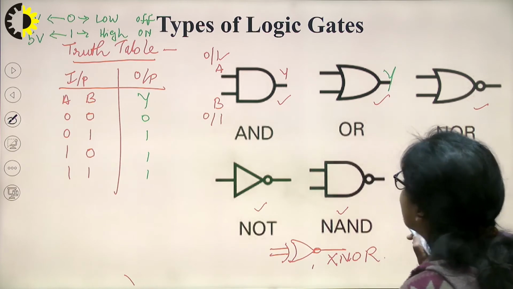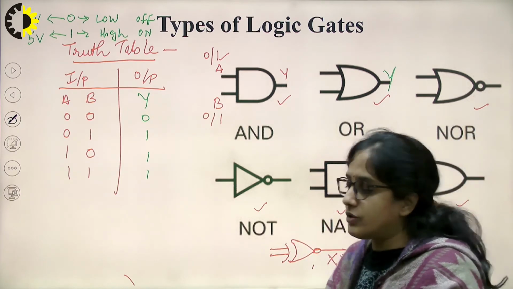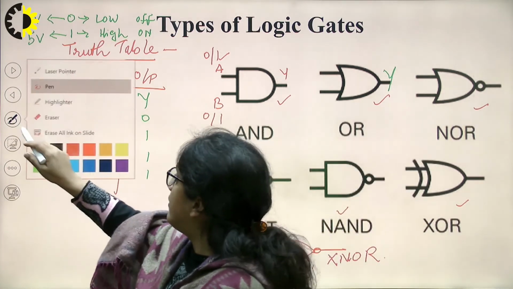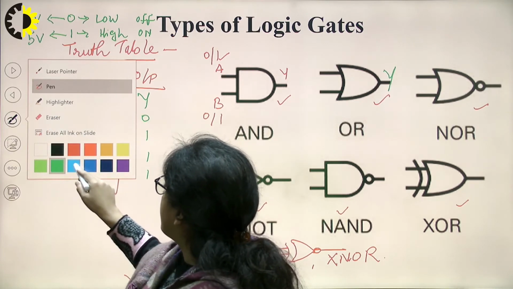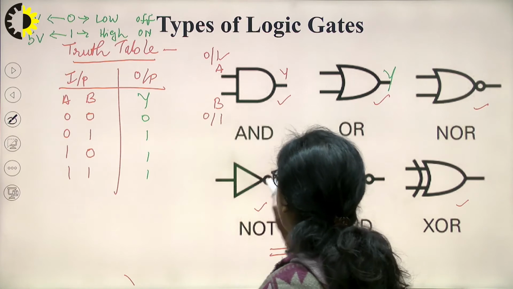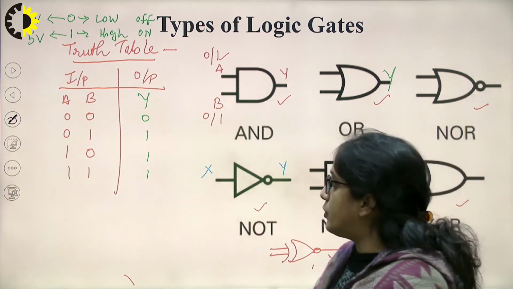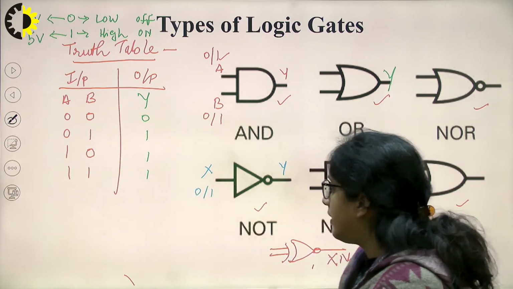Now the next case, we will go with the NOT gate, among the basic gates first. In the NOT gate, the output is inverted, or you can say it is the NOT operation. So let us have this Y. Here there is only one input, X, which will either be 0 or 1.